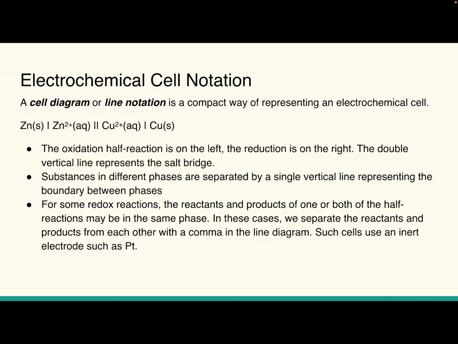Alright, so cell notation. This is another way to write it without having to draw the whole picture. We put the oxidation half reaction on the left and the reduction half reaction on the right. Substances in different phases are separated by one vertical line. The double vertical line represents the salt bridge.